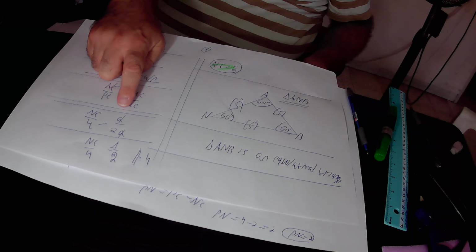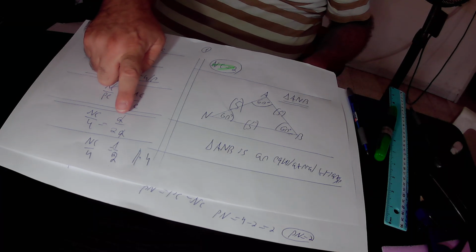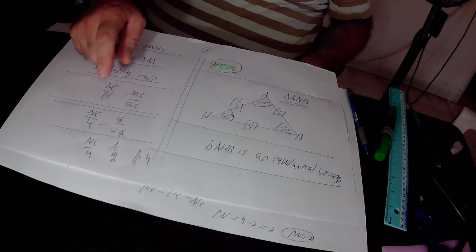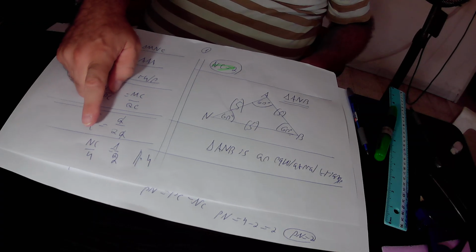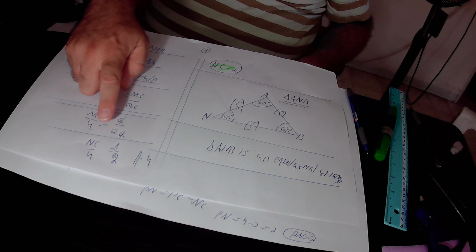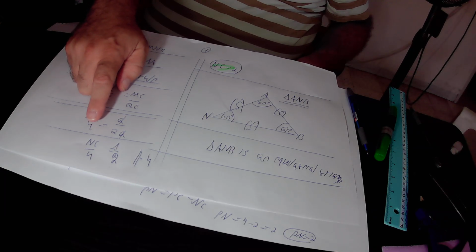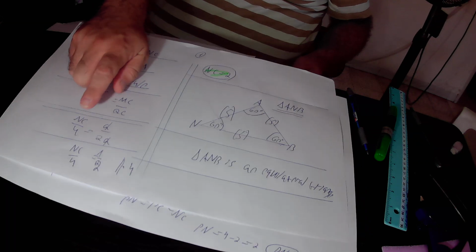We have A in the numerator and A in the denominator, so A will get cancelled. On this side of the equation, we are left only with 1/2. That equals NC over 4. So NC over 4 equals 1/2. Here we multiply this equation by 4 and finally find that NC equals 4 over 2, that is 2.